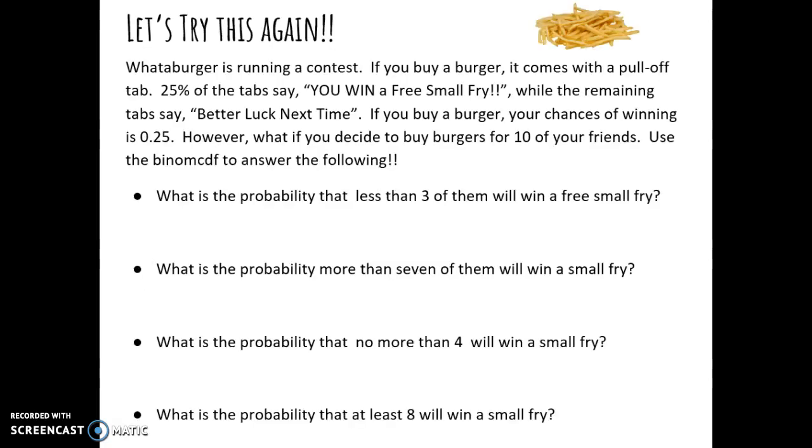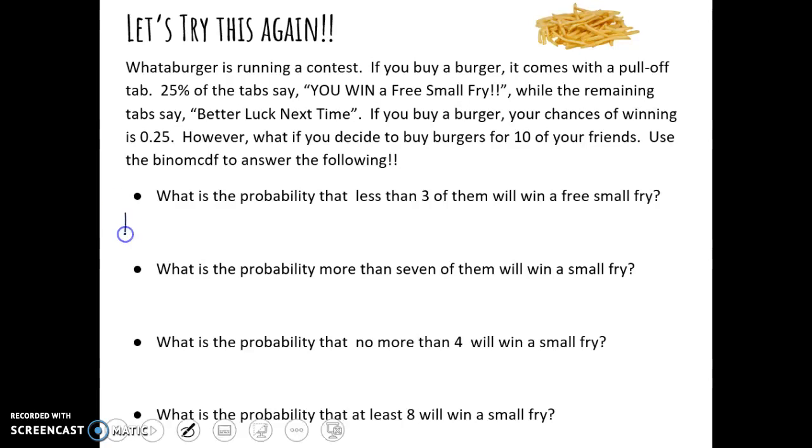So let's try this again. Same scenario, same exact questions, except this time we are going to use the calculator. Even though we use the calculator, it's so important to set this up first so it can help you see what you should plug into the calculator.